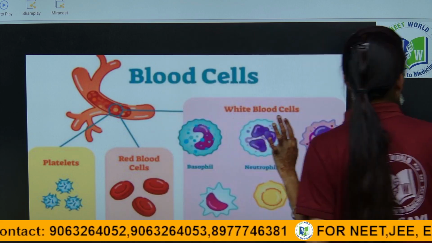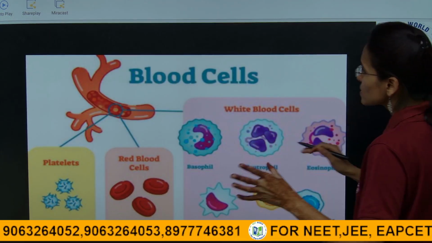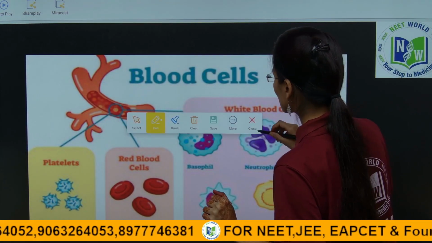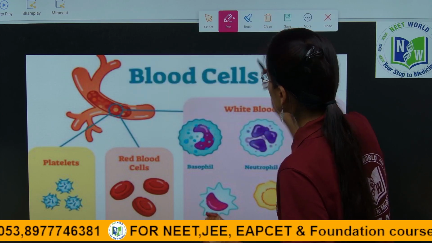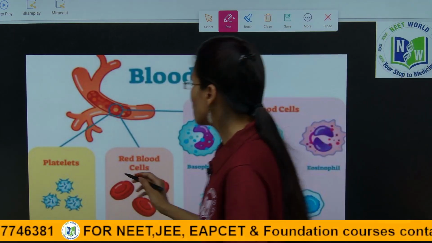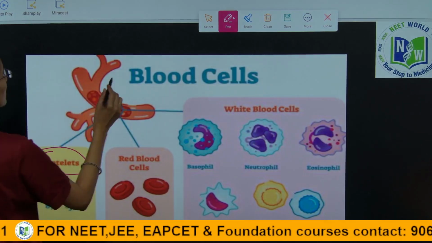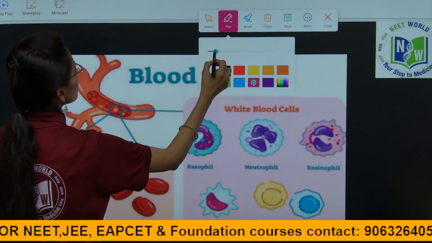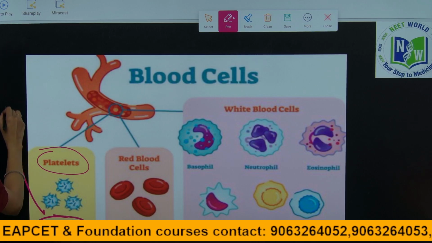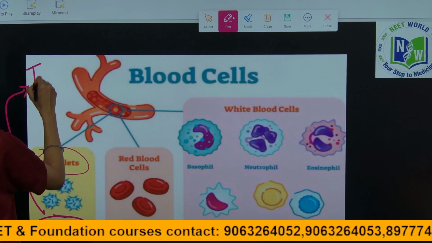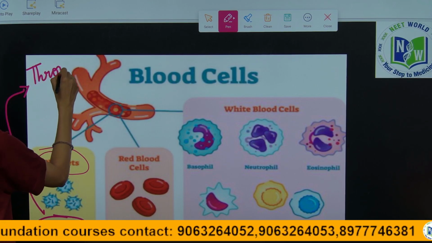So, look into this picture. There are different types of blood cells, which are divided mainly into three categories. Blood cells are divided into platelets, which are also called thrombocytes. Here it is not visible, I am writing here, just please note down: thrombocytes.